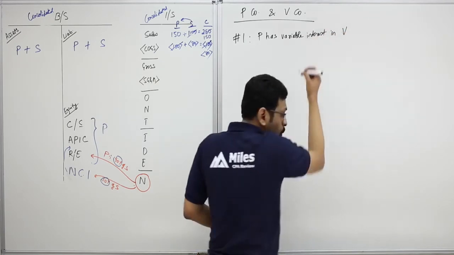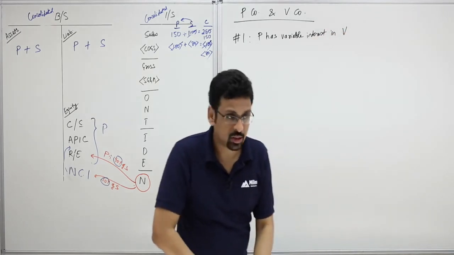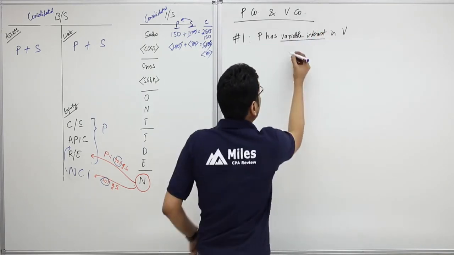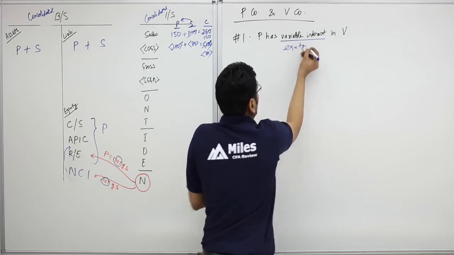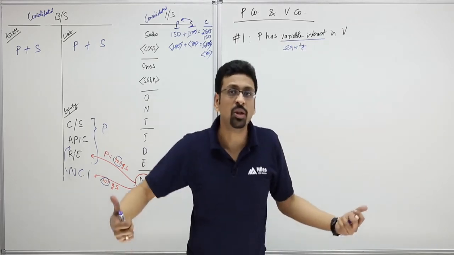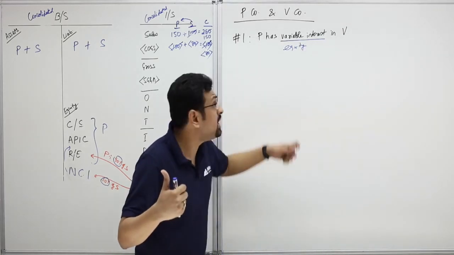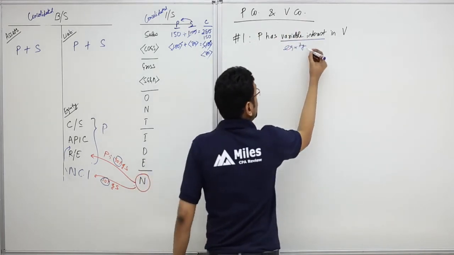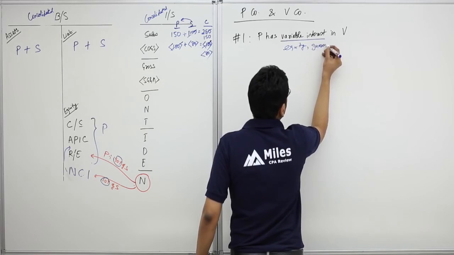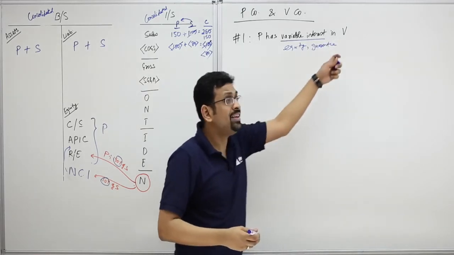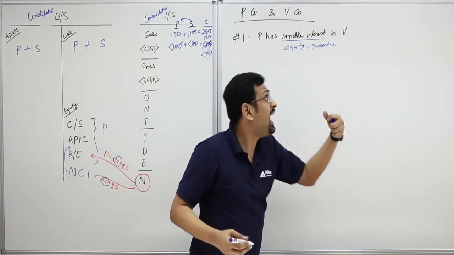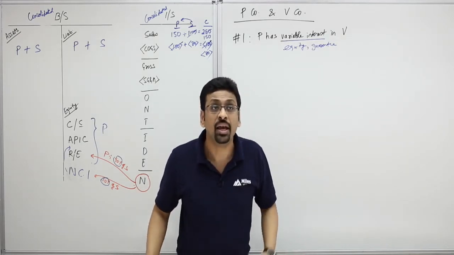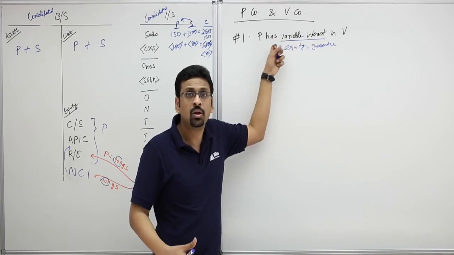Now what's a variable interest? If P has, let's say, an equity stake in V. We know this equity stake is not more than 50%, but some equity stake, that's a variable interest. If P has given some guarantees for V, let's say we needed some loan, some debt, and P was the one who gave guarantees for that, explicit guarantees, that could be a variable interest.